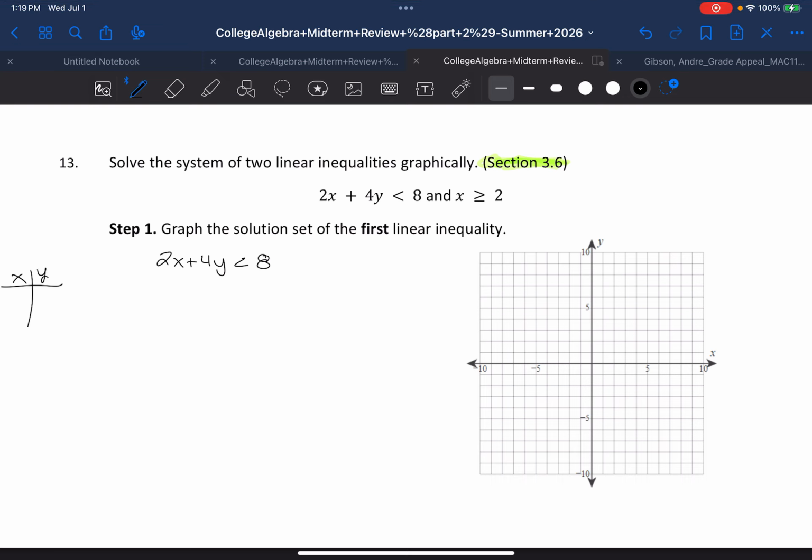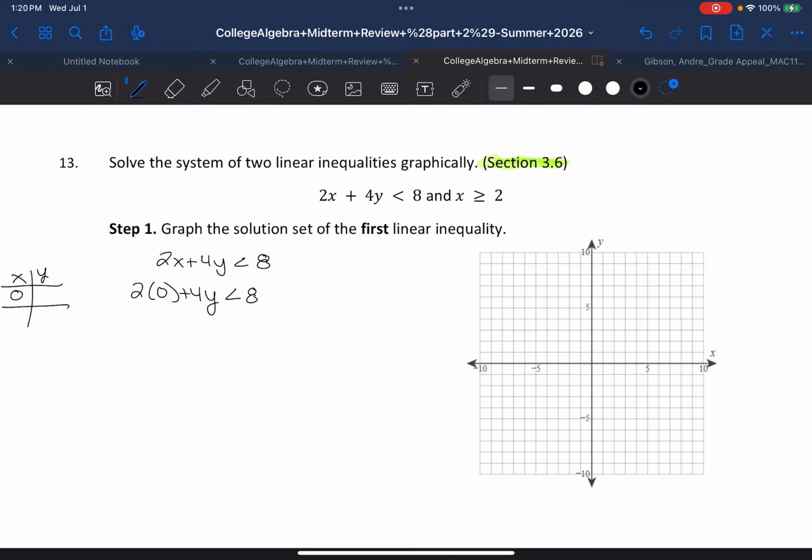I'm just going to do an xy table and find the x and y intercept. So I'm going to let x be 0 and plug 0 in for x.